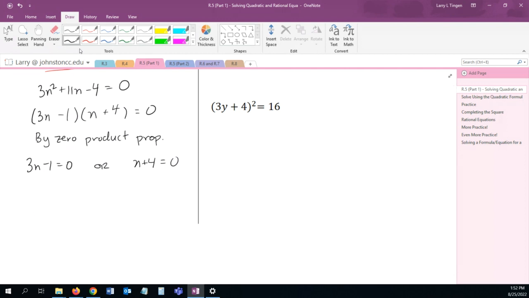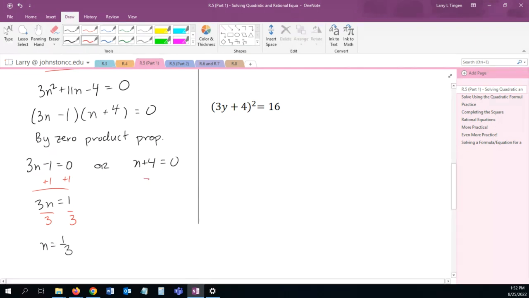And now it's linear equations, right? So get n by itself, add 1 to both sides. 3n is equal to 1. Get n by itself, divide by 3, divide by 3. N is 1/3.